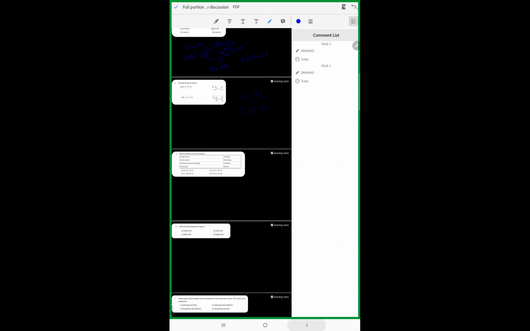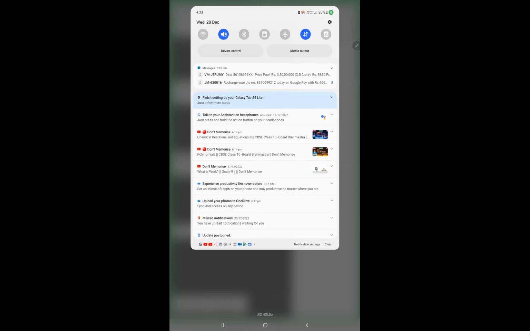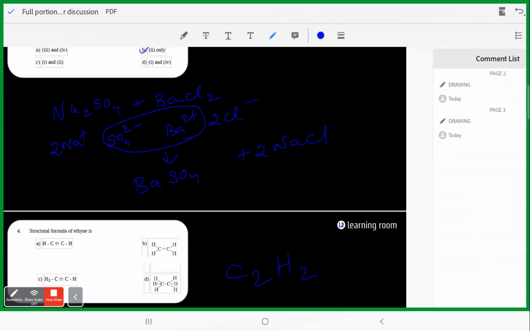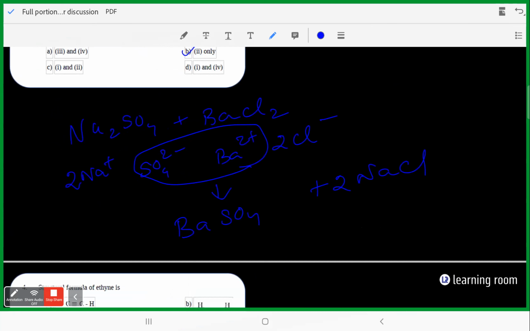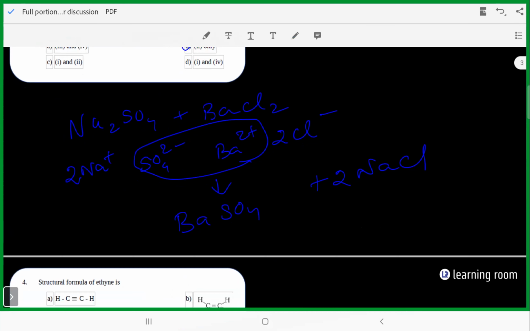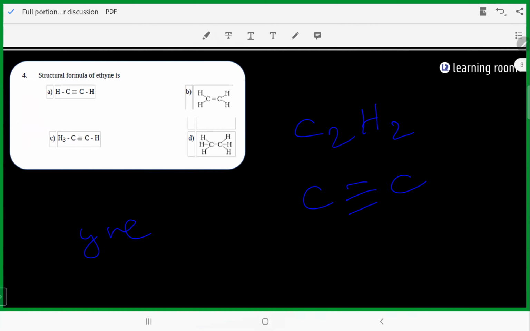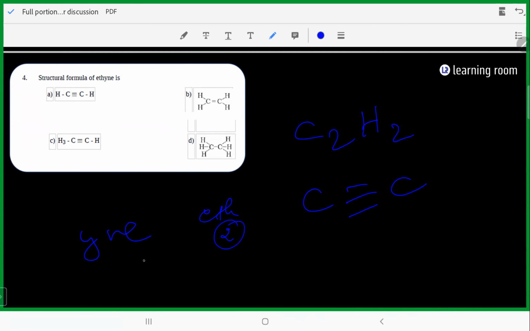Yne means carbon carbon triple bond. So for ethyne, eth means 2 carbon, right? Eth means 2 carbon and yne means carbon carbon triple bond. So among these, which is the answer? A is the answer. So another name of ethyne is acetylene. Okay.